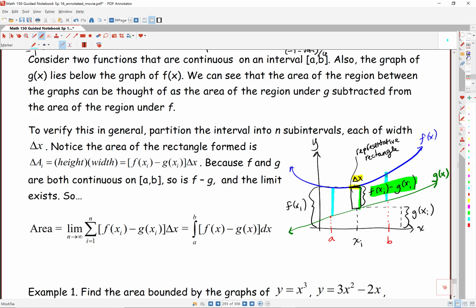and it's under the graph of f. So this here is the region that we're considering.